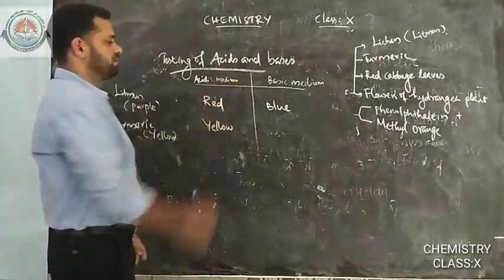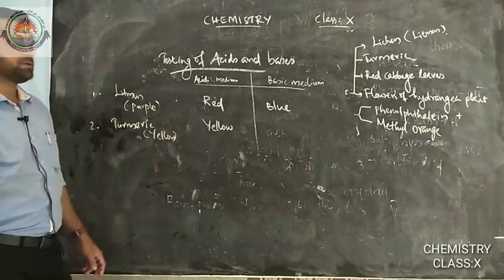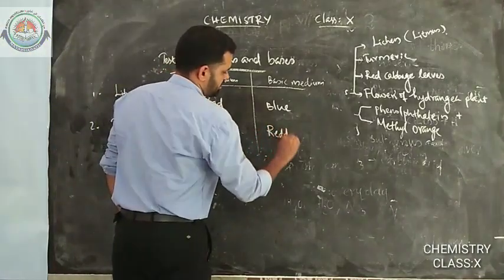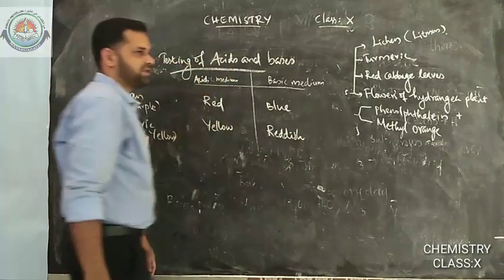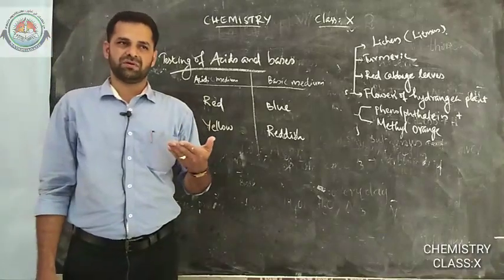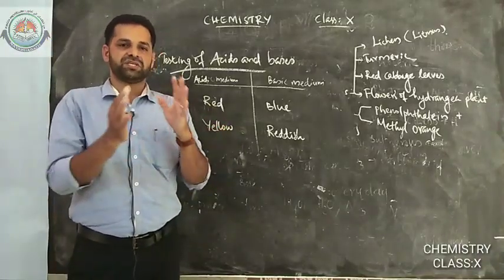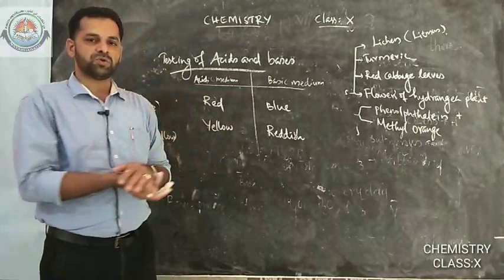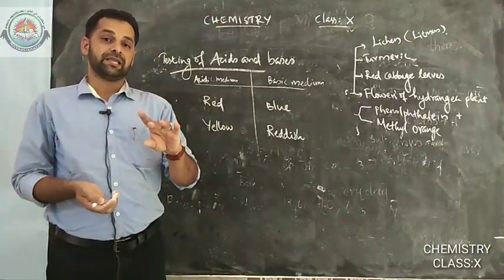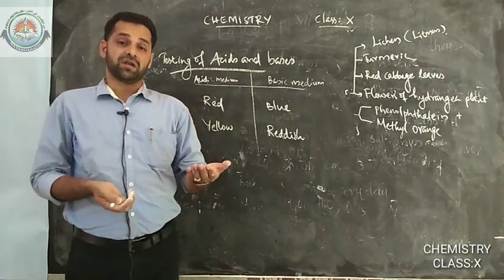And what about in basic solution? It becomes reddish. You know, when there are curry stains on white clothes and we wash with soap solution, we can see that the yellow curry stain changes into a reddish color.